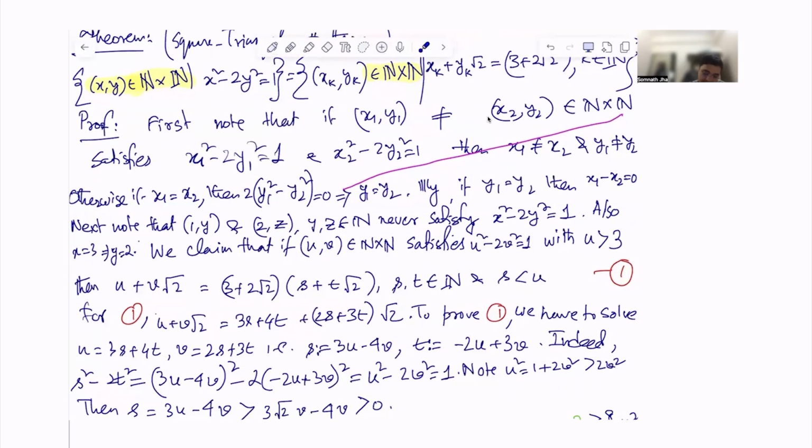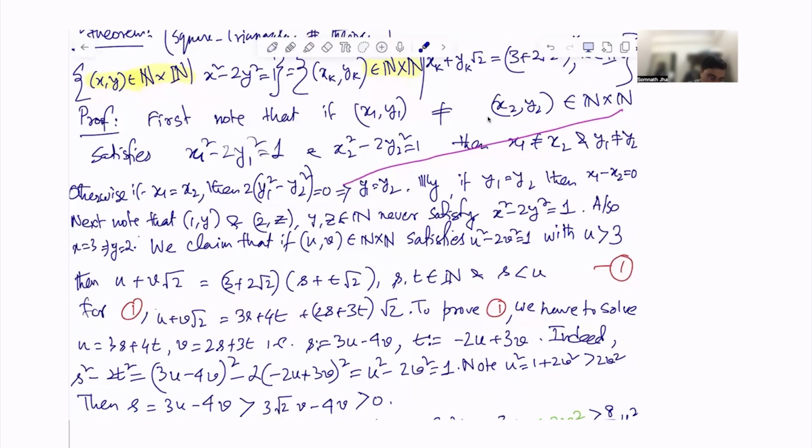So s, t is another solution. Also, u square is 1 plus 2v square, which is greater than 2v square. So u is greater than root 2 v. And s is 3u minus 4v, so 3 root 2 v minus 4v. So s is positive. Okay.